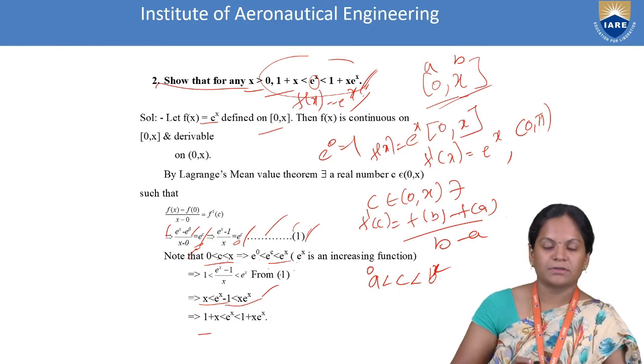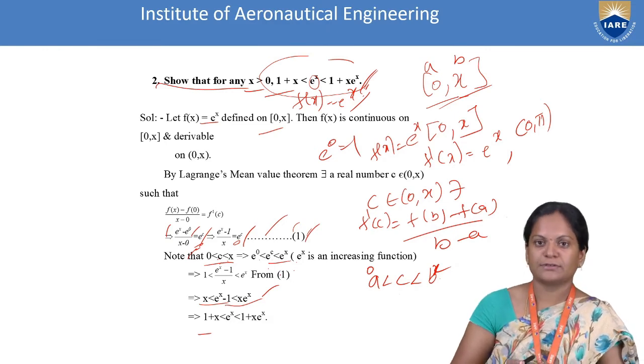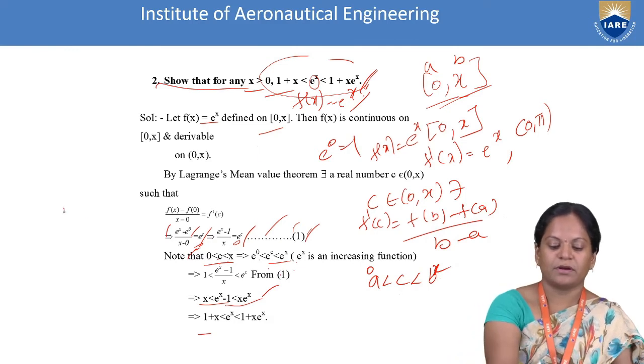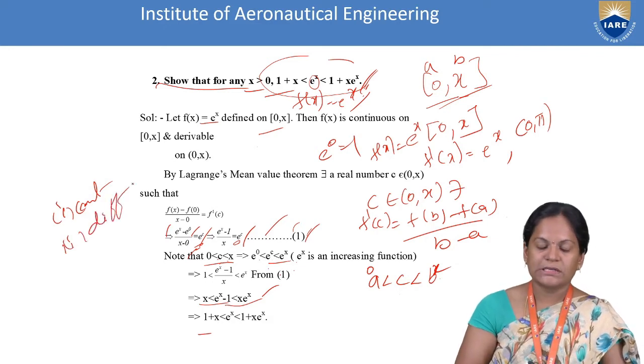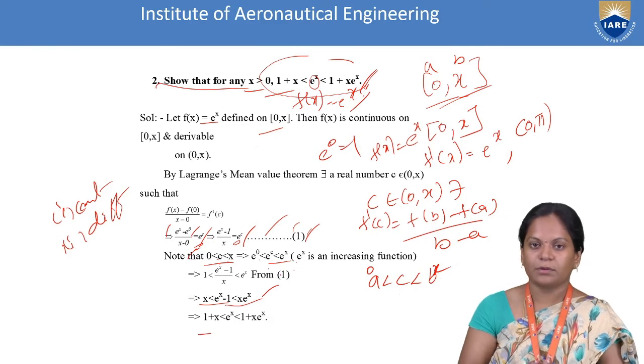Here 0 comma x, both the points are real, and in between also we have only real numbers. So if two conditions are satisfied, the first condition being continuous and the second being differentiable, for the given function f of x there exists a point c which lies in the open interval a b.